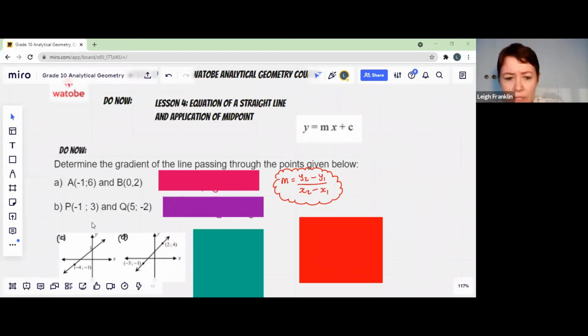All right, so let's just have a quick look at this and then we can get into today's lesson. If you tried to do the pink question, and I'm guessing, David, that's the one that you would have gone with, what did you end up with as the gradient of your line for the pink one?